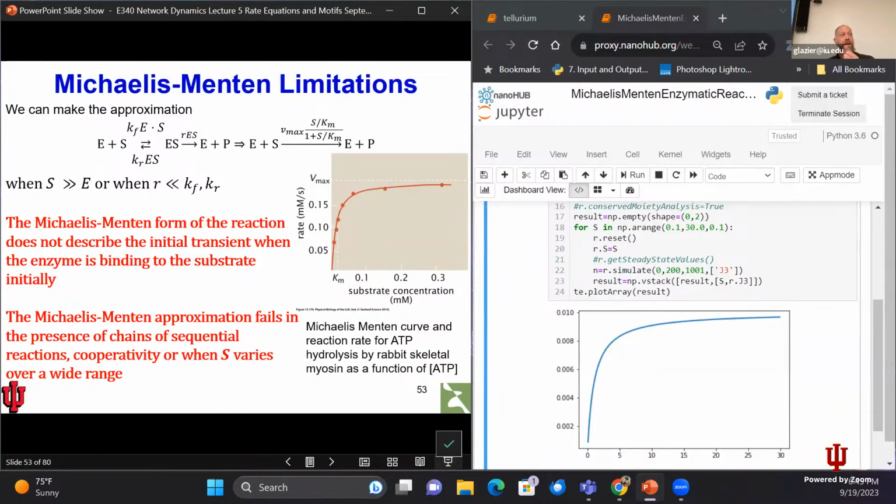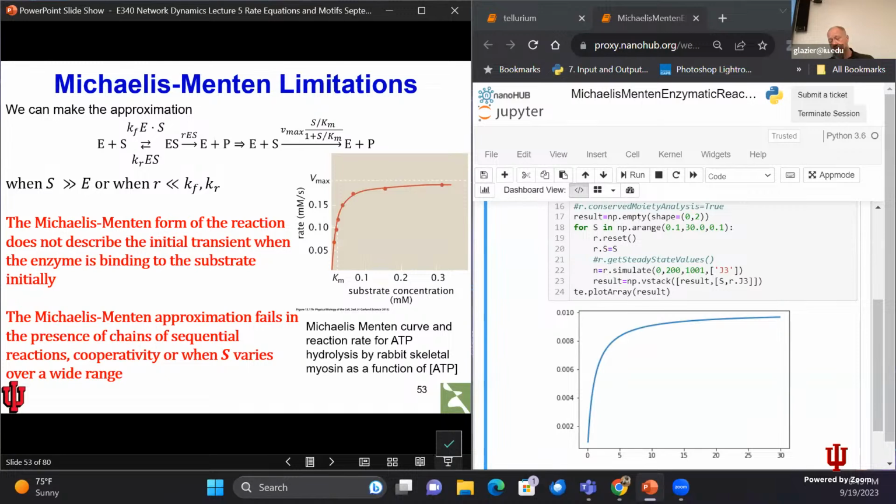If that initial binding E plus S goes to ES is slow, then during that period, Michaelis-Menten doesn't apply. If you have a lot of sequential reactions, Michaelis-Menten doesn't apply. And when you have cooperativity, it doesn't apply. And so it's an approximation.